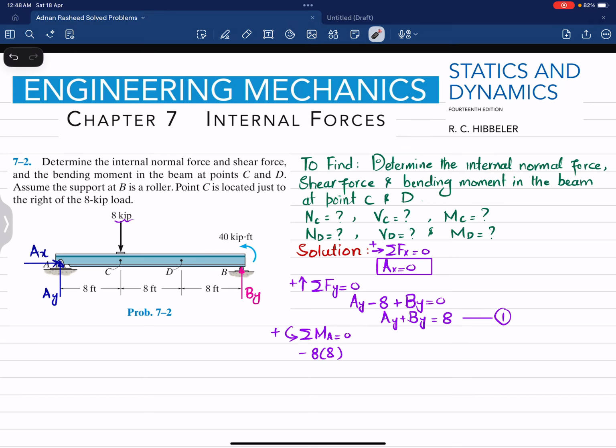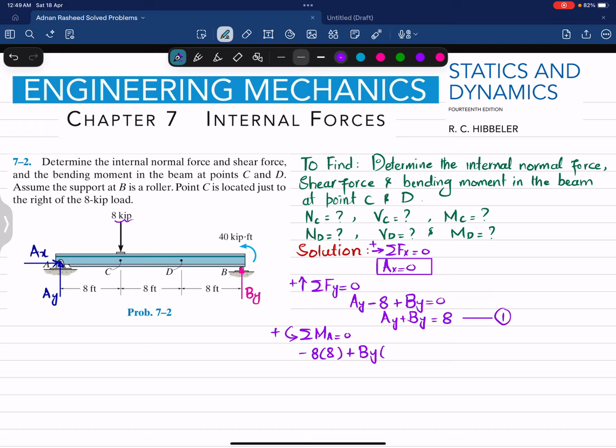The second moment is due to BY and the perpendicular distance is 24 feet, and this is producing a counterclockwise moment, so it will be taken as positive. So I can write plus BY into 24. And the last, you can see you have an external moment which is also counterclockwise, and that is plus 40. So I can write plus 40 is equal to 0.